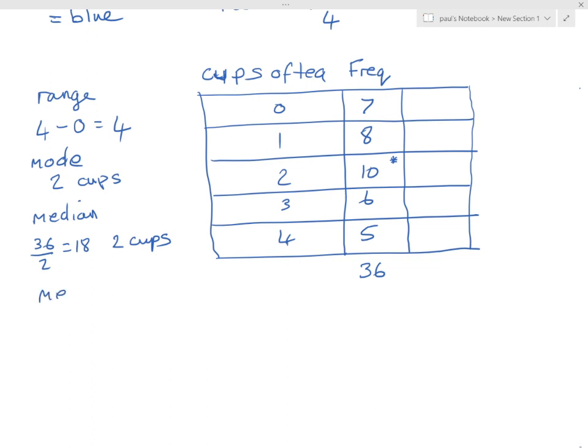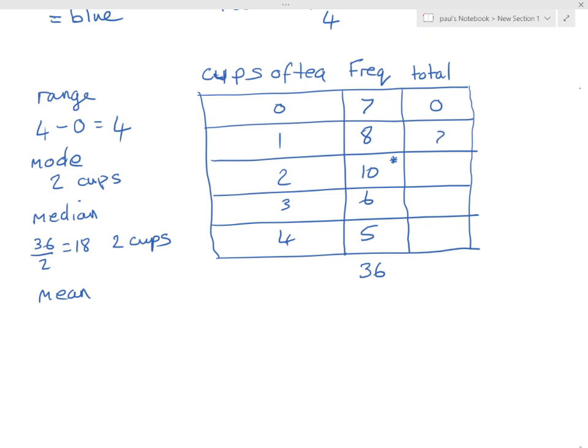And the mean, and this is where this extra column comes in. We know we've got 36 people in our survey. We need to find out the total number of cups of tea that they drank, divided by the 36, and we'll have a mean average. So you multiply these two numbers together. 7 times 0 is 0. So this now becomes the total number of cups of tea drunk.